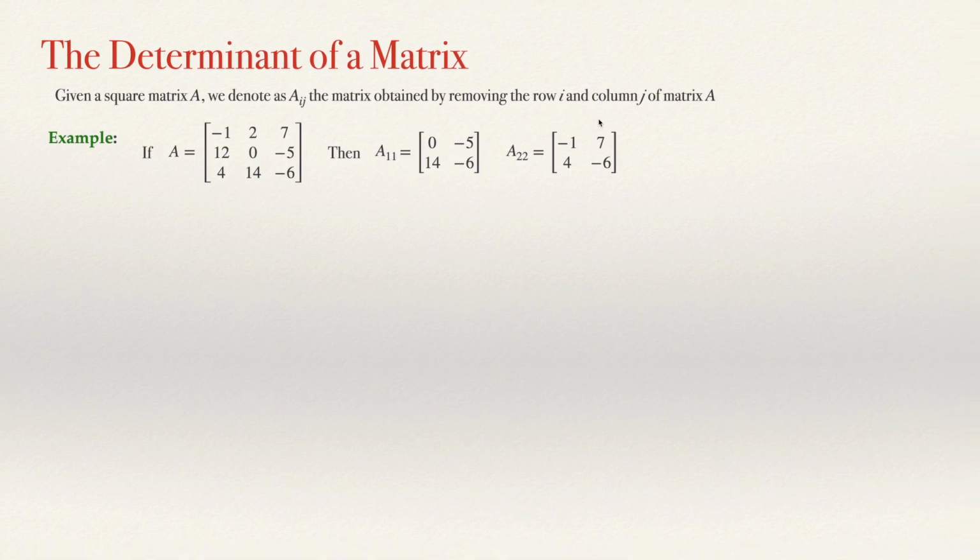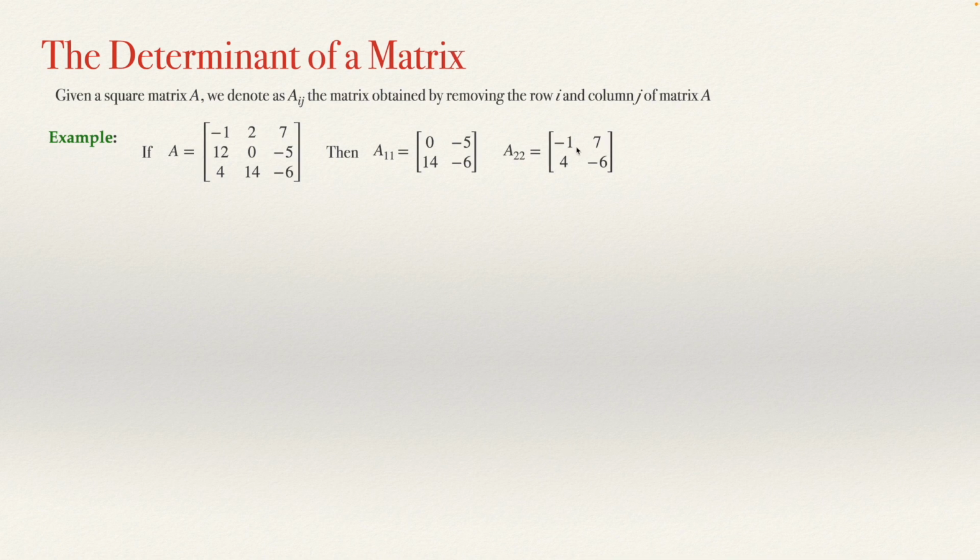So that will be the matrix A sub 2,2. Or what happens if I ask you what is A sub 3,2? A sub 3,2 will be the matrix in which we remove the row 3 and the column 2 of matrix A. In this case we obtain the matrix -1, 7, 12, and -5. So this will be the matrix A sub 3,2.